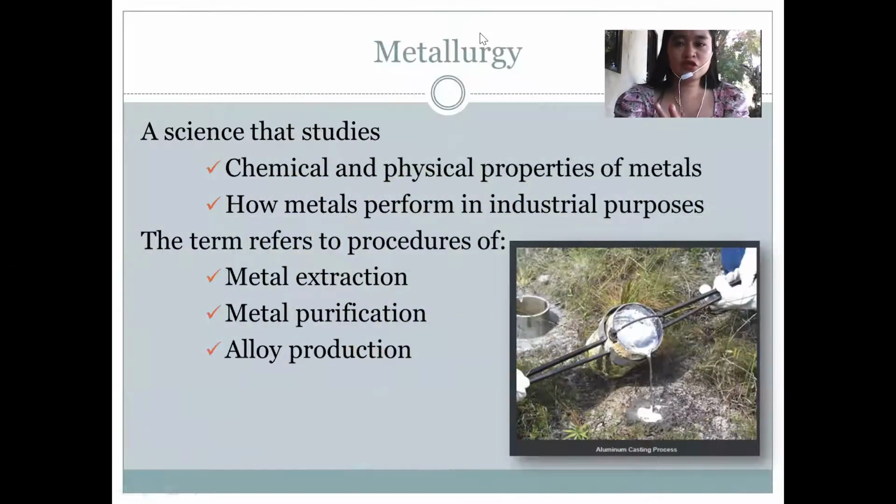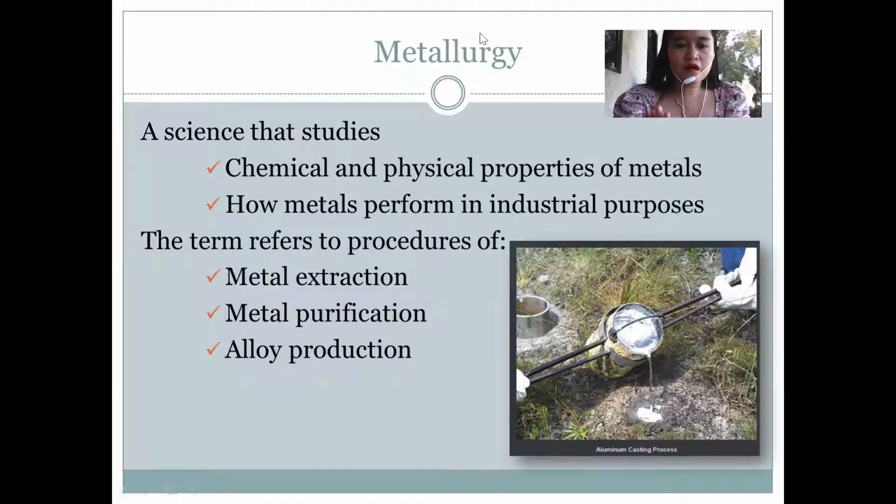So in the modern sense, metallurgy is the science that studies the chemical and physical properties of metals, including how these metals perform, especially when used for useful industrial processes.